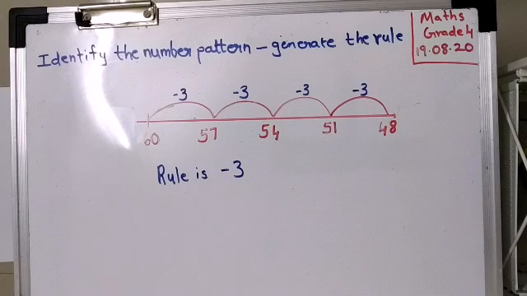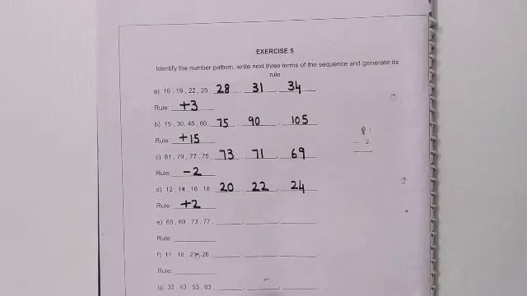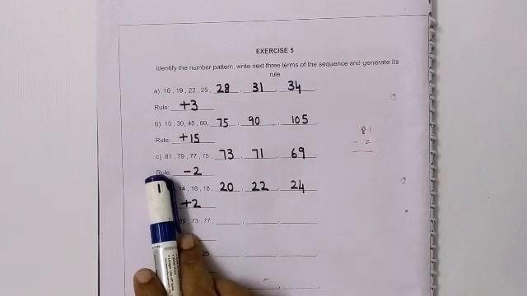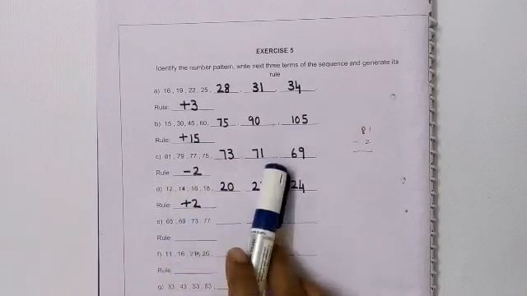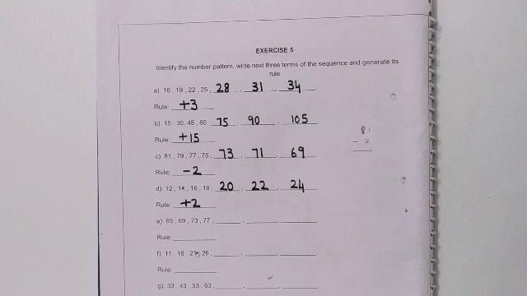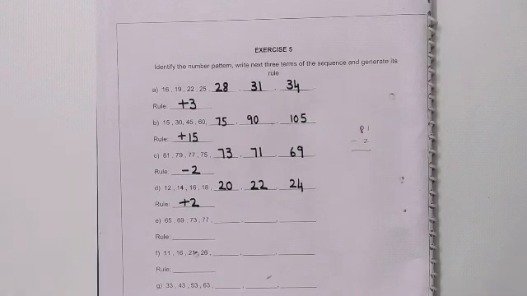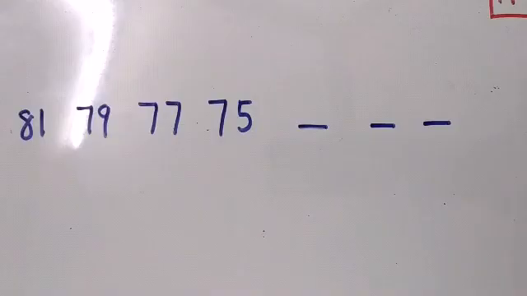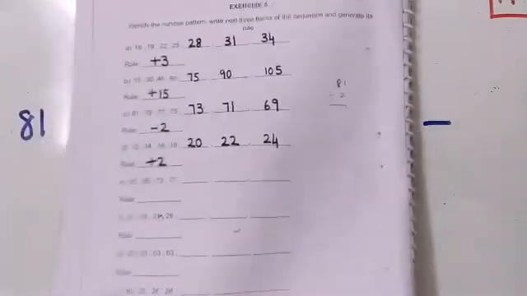Now let's take this example children from your textbook, okay? Now children, look here at your textbook example, the C1. Okay, I'll just write it on the board so that you have a clear visibility. So children, this is the same sum from the textbook.